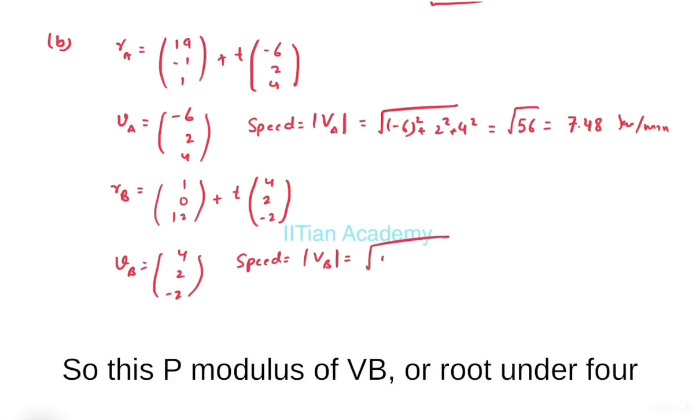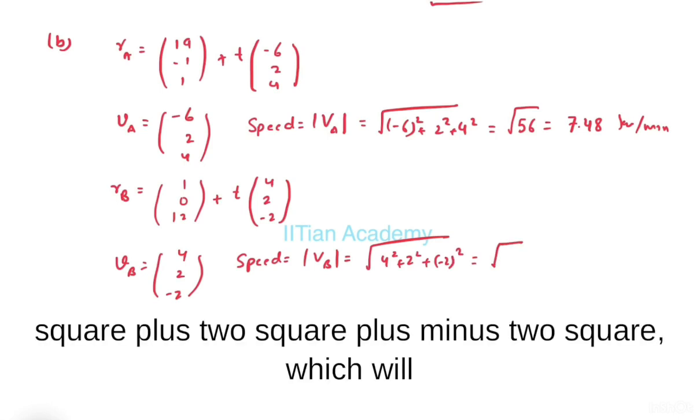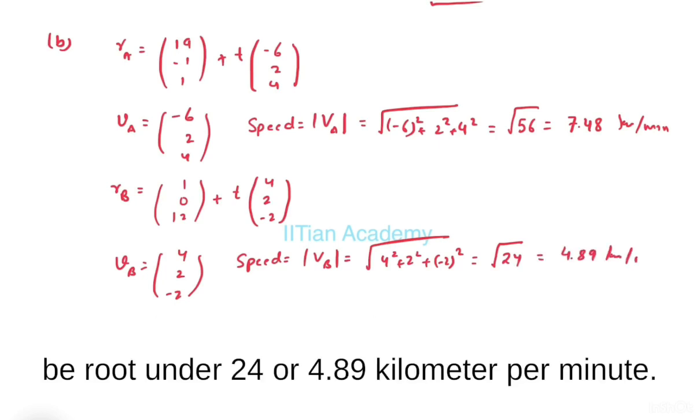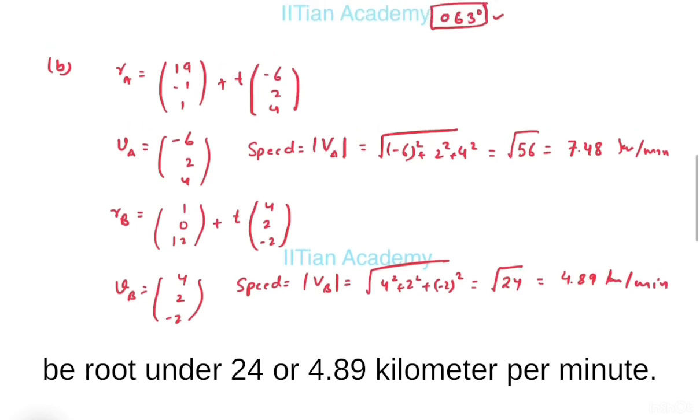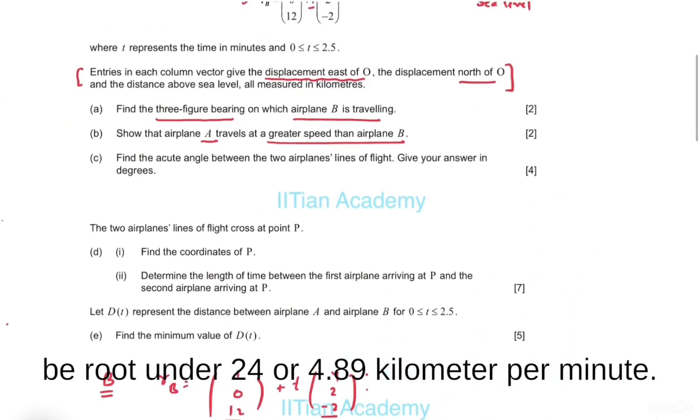So the speed, modulus of VB, is root under 4 square plus 2 square plus (-2) square, which will be root 24 or 4.89 kilometers per minute.